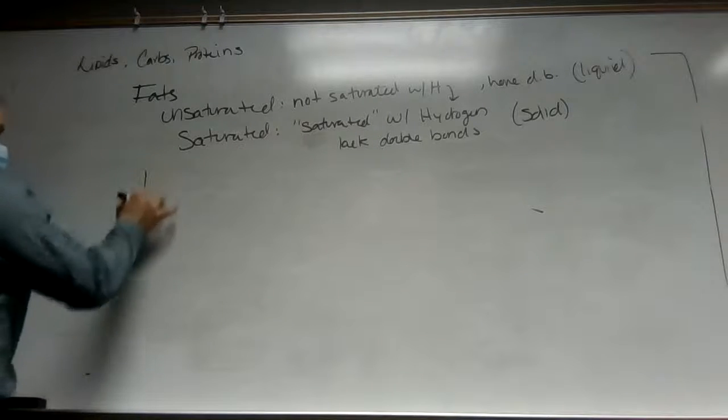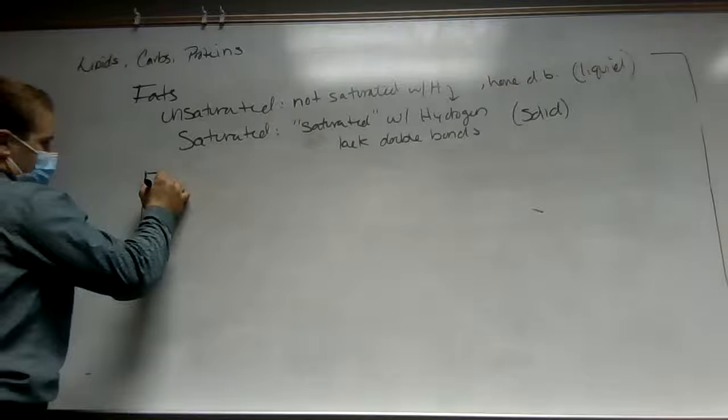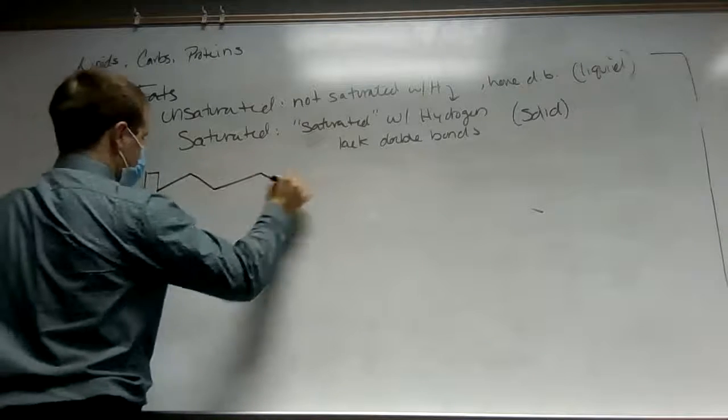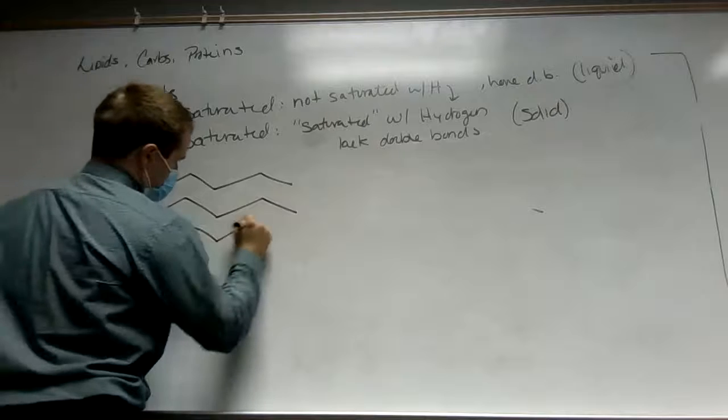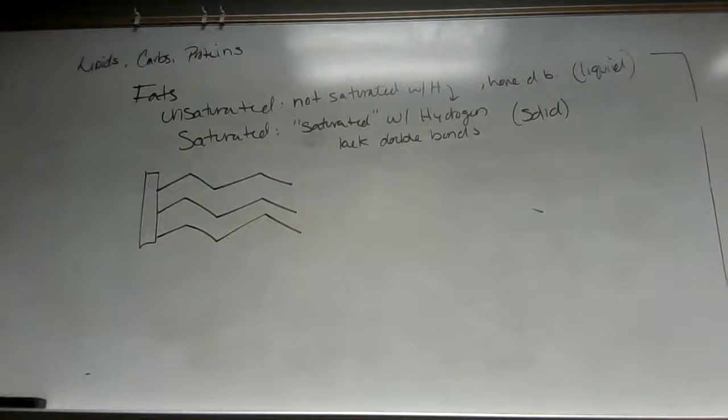If I have my glycerol and my 3 fatty acid chains, and I don't have any double bonds, they all fit together nicely. So they can pack closely together. If we pack it closely together, we'll have solid. And it will produce a more rigid compound.